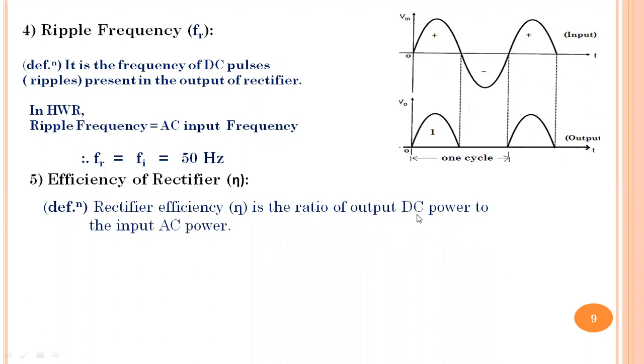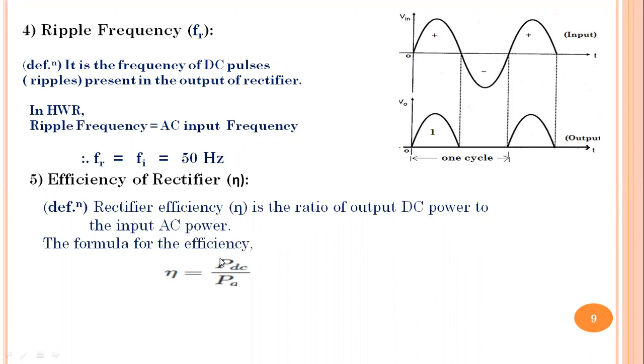So DC output power upon AC input power of the rectifier is known as the efficiency. In percentage, you multiply by 100. So eta, the notation for efficiency of the rectifier, equals PDC upon PAC, where PDC is the DC power produced by the rectifier at the output and PAC represents the AC power applied at the input of the rectifier, into 100 for percentage.